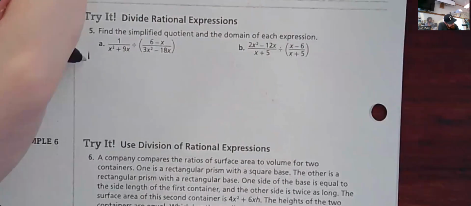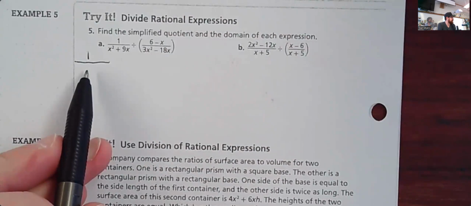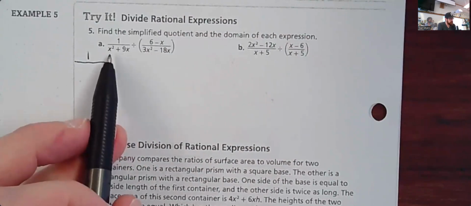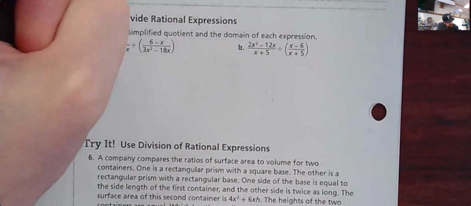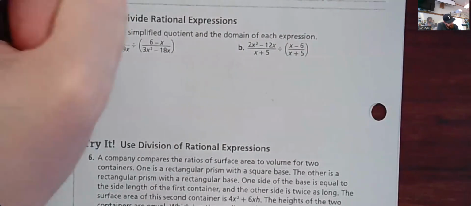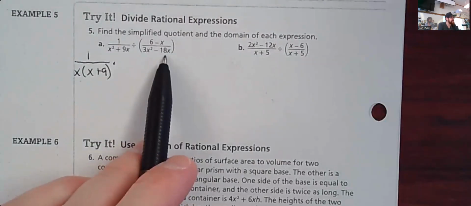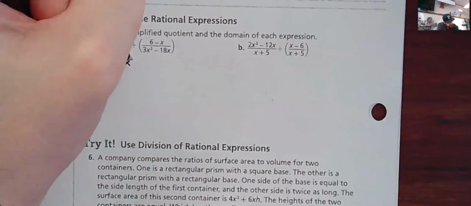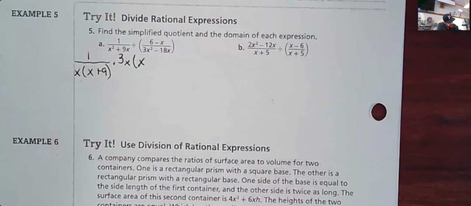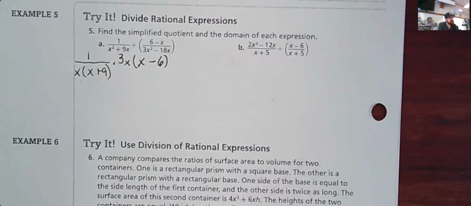So we're going to have 1 over, we can factor this at the same time too. That'll kind of expedite this process a little bit. We can factor out an x from x squared plus 9x. That'll be x times x plus 9. And then we can multiply that by 3x squared minus 18x. Looks like a 3x can factor out of that, so 3x, and then that'll give us x minus 6 on the numerator.